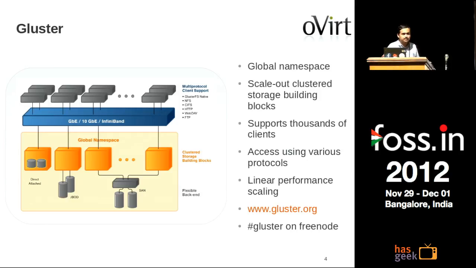You can access volumes created in Gluster using various protocols like NFS, CIFS, or of late even object storage. It provides linear performance scaling. And again, the website for the Gluster community is www.gluster.org, and you can talk to the developers on #gluster on Freenode.